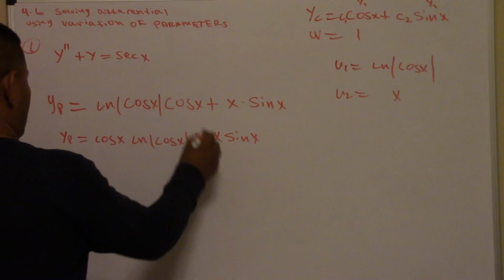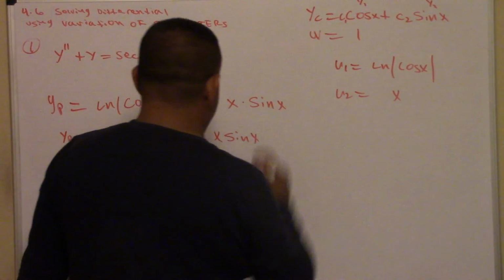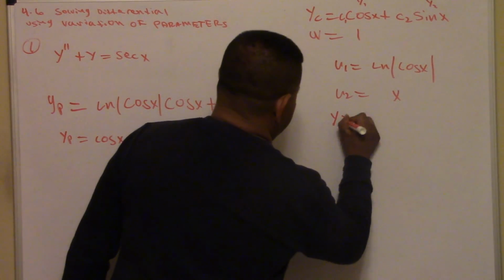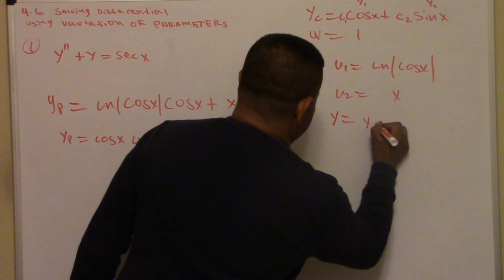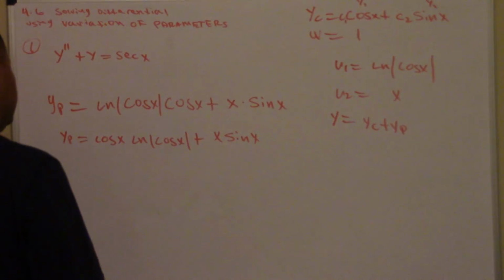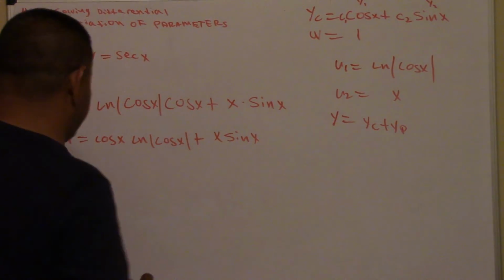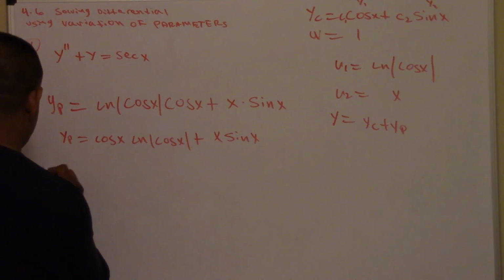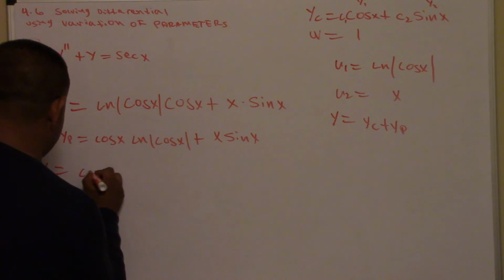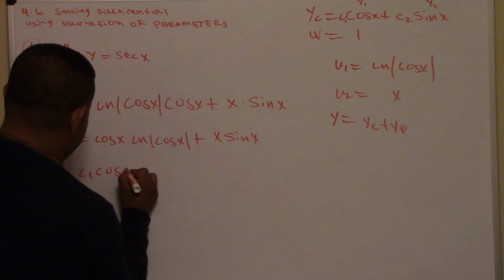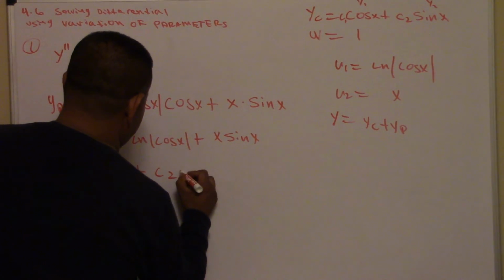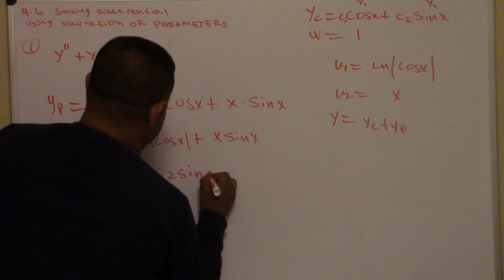Now, what I'm going to do, I'm going to combine y sub p with y sub c, right? So y is equal to the y sub c plus y sub p, right? So the final answer for this is going to be as follows. It's going to be y is equal to y sub c, which is going to be c1 cosine x, right? Plus c2 sine x, right?